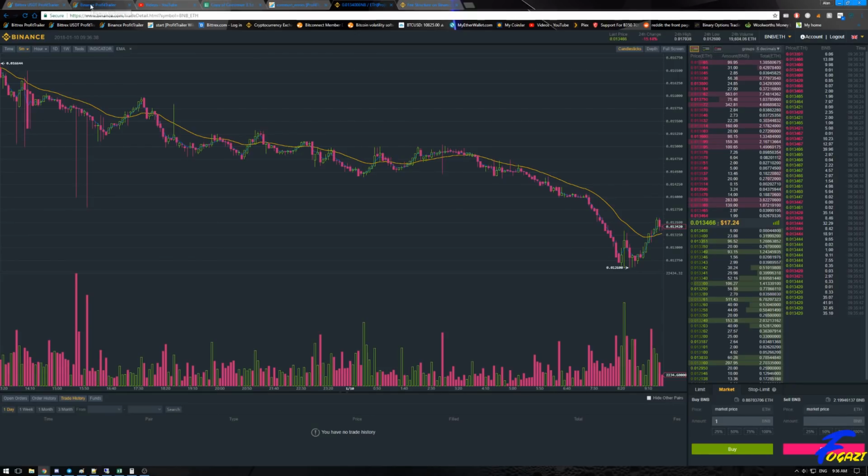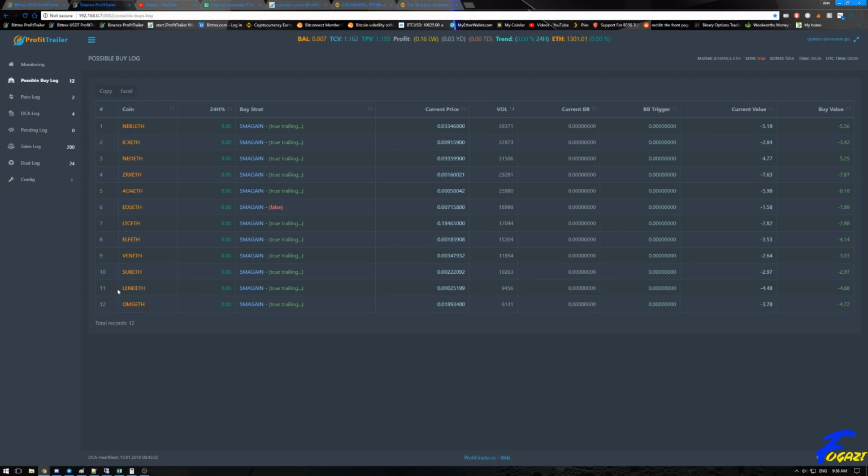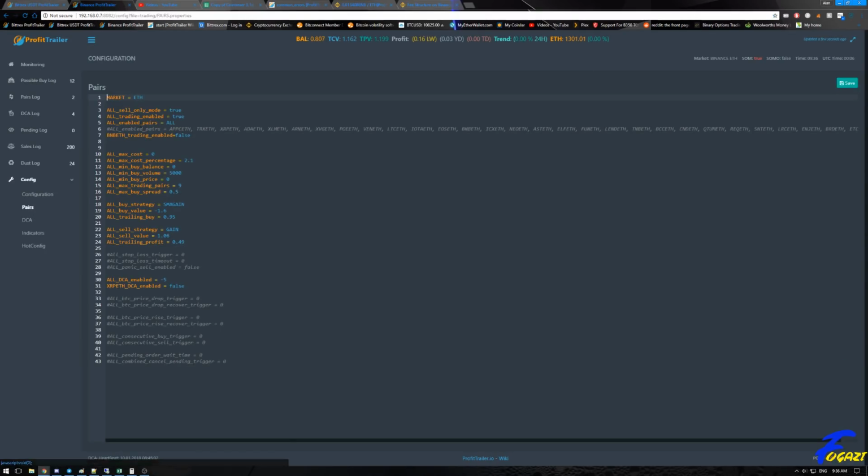Alright, now we want to go over to our bot and our config, go to our pairs and chuck this little line in. BNB ETH, or your base pair, whatever you use, maybe BTC or USDT, but BNB ETH underscore trading underscore enabled equals false.